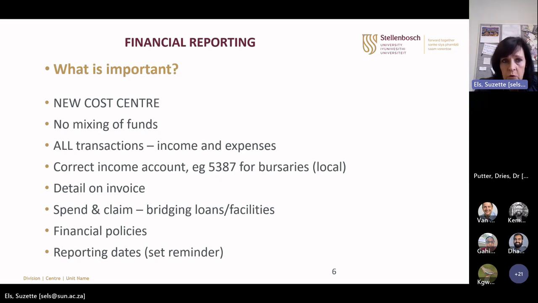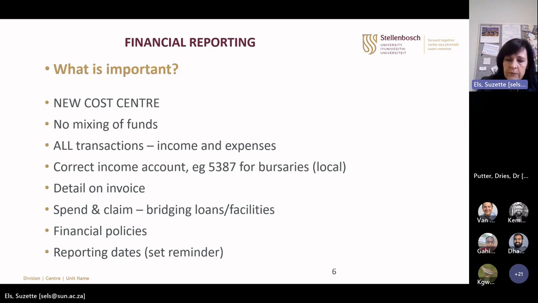It's your bank account with that specific funder's money that you have to manage. And the only way that you can manage that well is if you have a separate cost center for each project with the funds of that project funder. So please, it is part of the research policy that you need to create a new cost center and have no mixing of different funders' money.